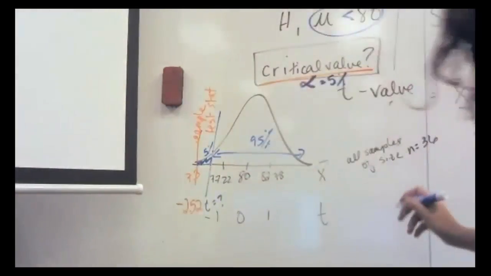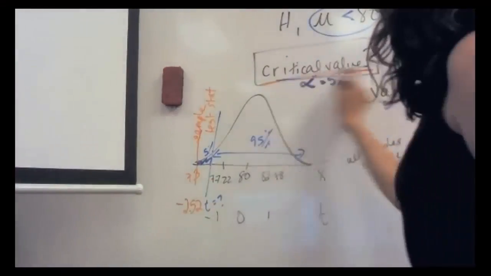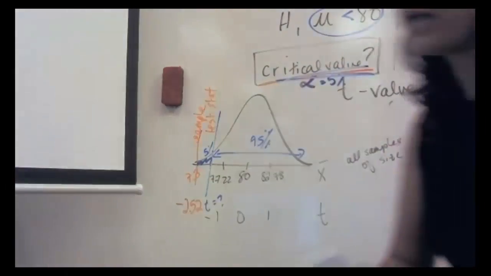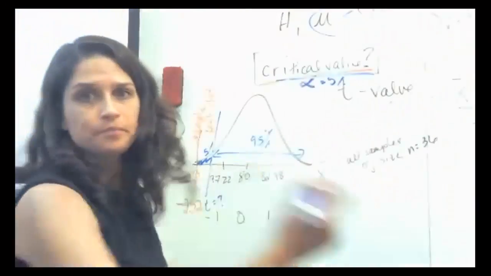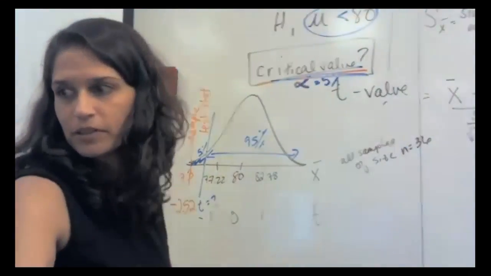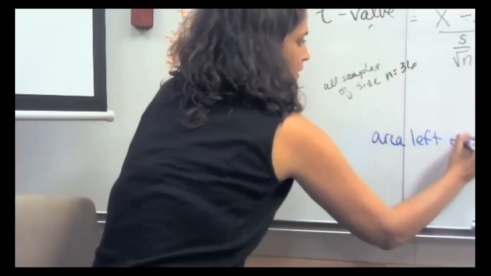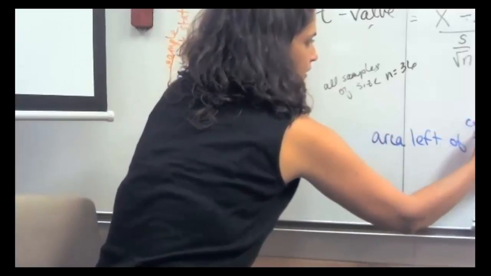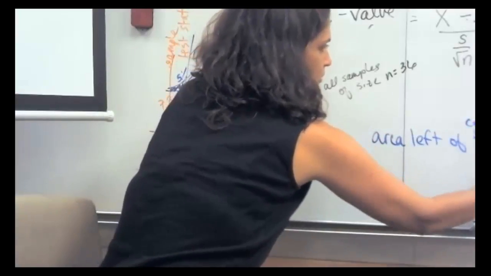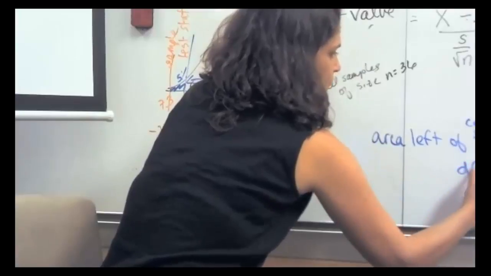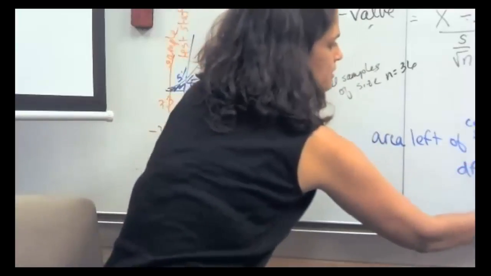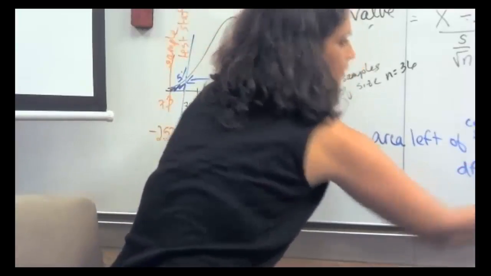There are a couple of ways that I can get this critical value. One way is to use my t-chart. I want to find the t where the area to the left is 0.05, and the degrees of freedom are 36 minus 1, or 35.